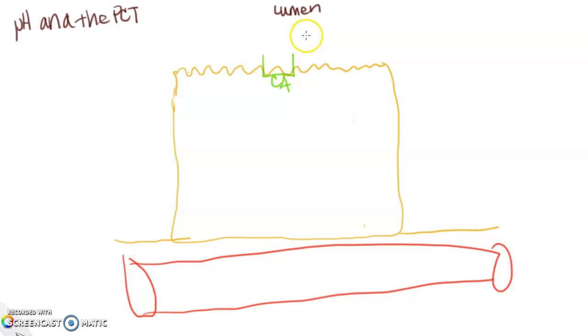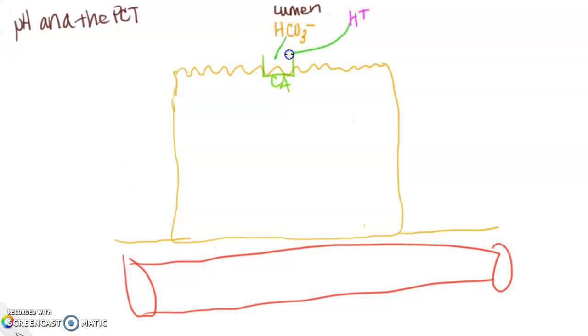Okay, so we have this color. So we have bicarbonate in the lumen because it came out into Bowman's capsule, and there are hydrogens as well. So hydrogens here, and they combine utilizing carbonic anhydrase.